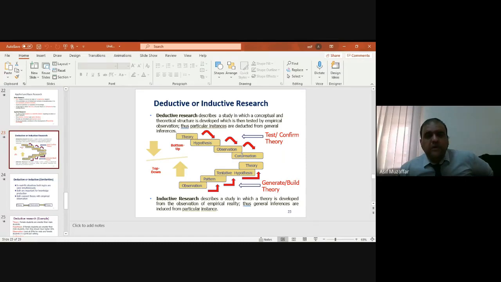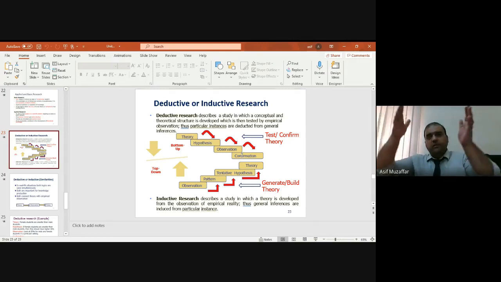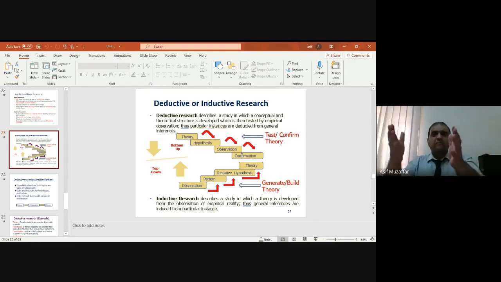Simply, you can think about it as: theory is there. From that theory, you have made some hypotheses, like what I did right now. Now I will test those hypotheses through some data. Data means observation. I will collect some questionnaires. From that quantitative data, I will confirm whether the hypothesis is true or false.